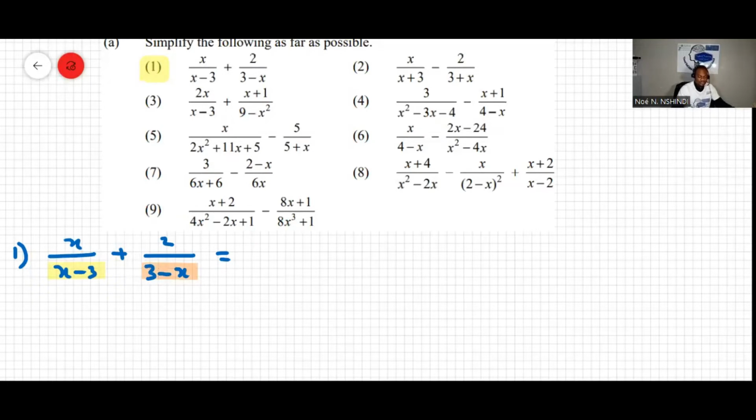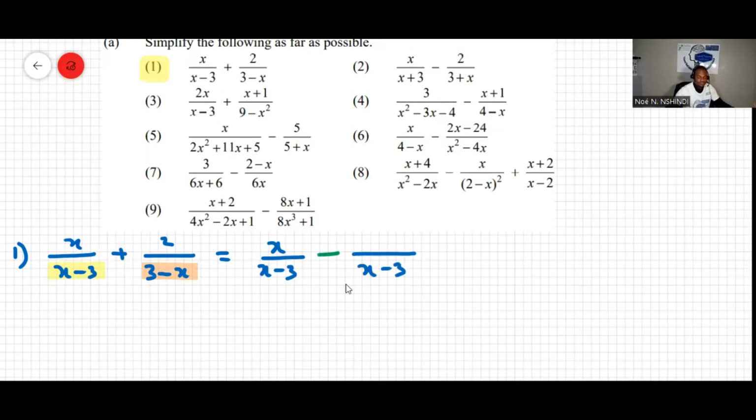One way to do that in this case is, I'm going to write here x over x minus 3, and then over, instead of me writing 3 minus x, I can change it to x minus 3. Okay, to do that, it will change the signs.